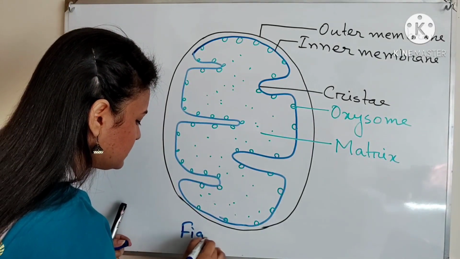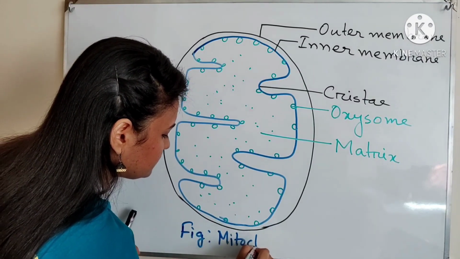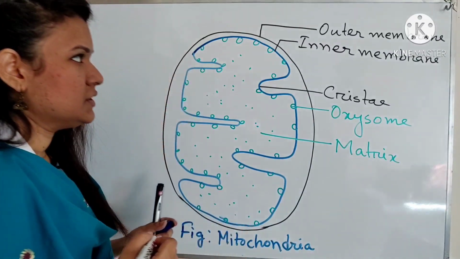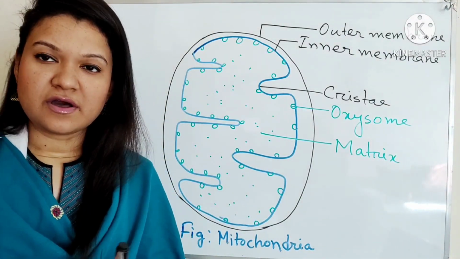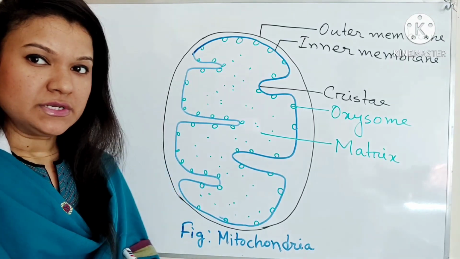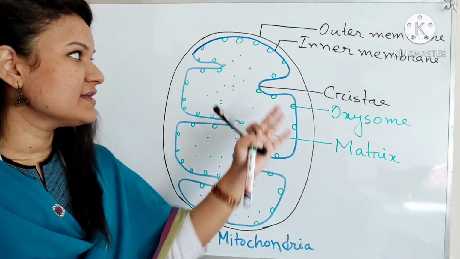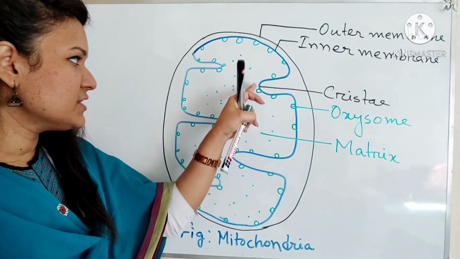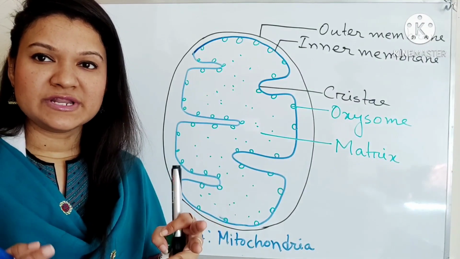So now I write down the structure of mitochondria. Mitochondria have a two-layer or double-layer membrane made by phospholipid and proteins. The outer membrane is smooth, and the inner membrane has some foldings, and these foldings are called cristae, and cristae have some round body-like structures.